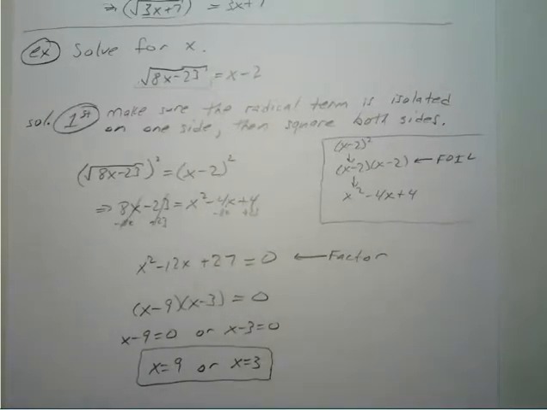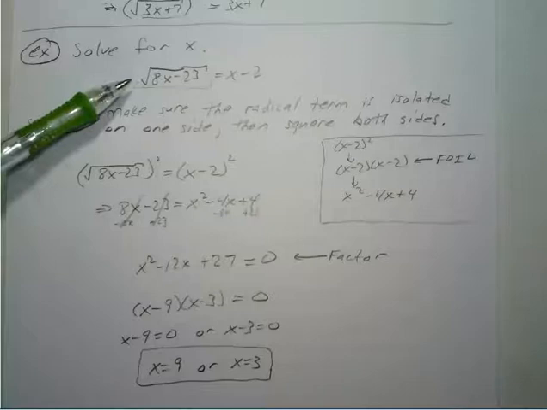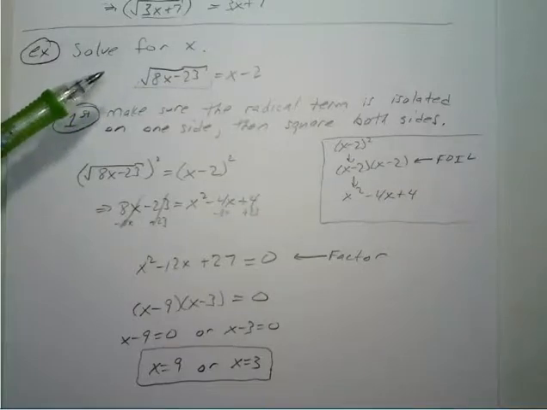Now one thing we have to do when we're solving radical equations is plug our answers into the original equation, because even though they come out of the solving process, they won't always come out to be true.